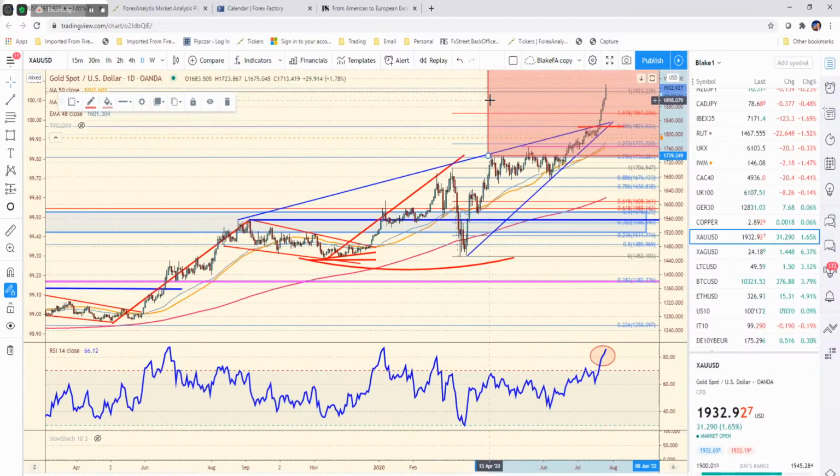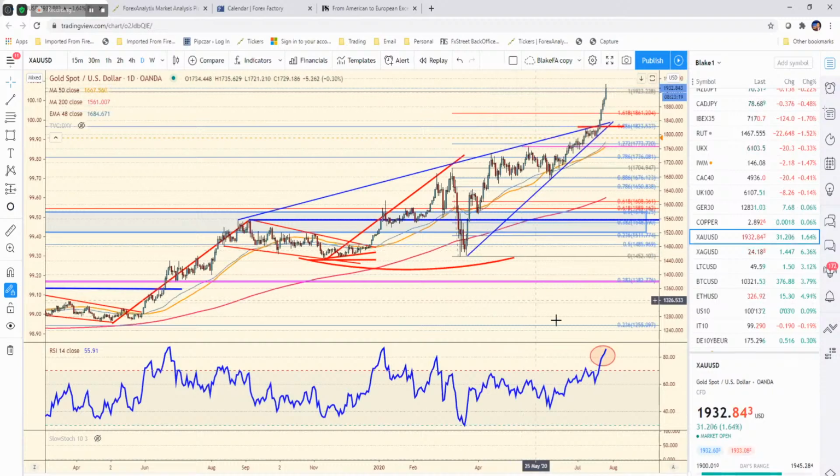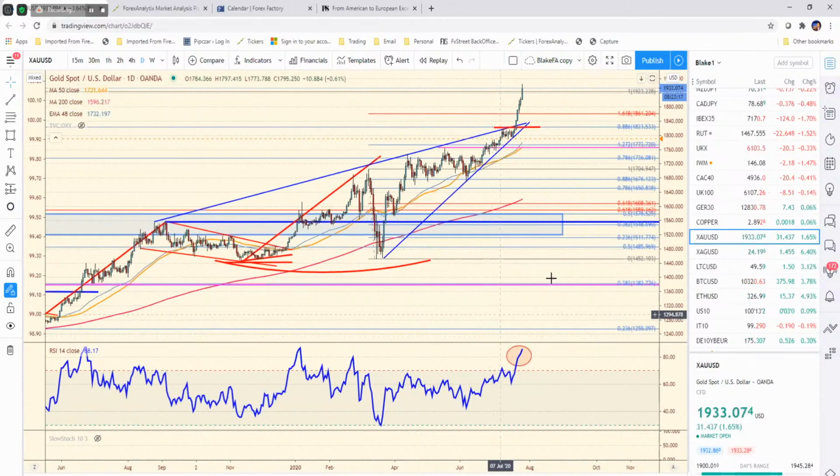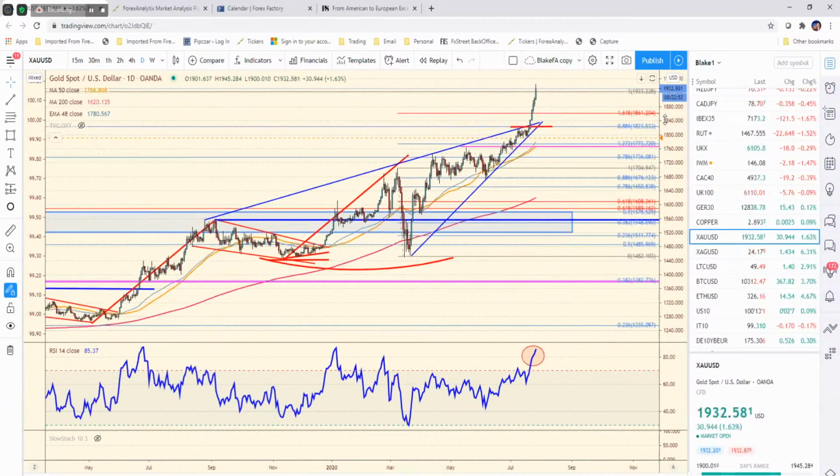Although I've been long physical gold for a long time, and I've just been hoping for any type of dip to get a buy-in. But now you've got to just hope and pray that we get some sort of dip, maybe back towards 1860, but then you'd have a possible double top. So I don't know if that's necessarily going to be the case. I think the risk still is for gold to continue higher. The question is, how much higher can we go?